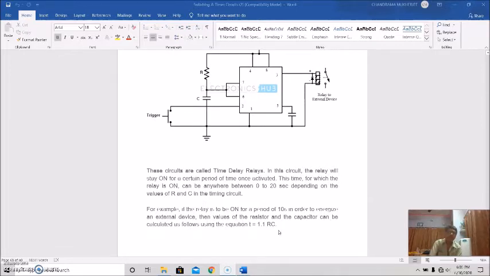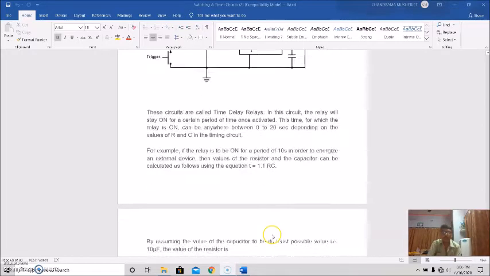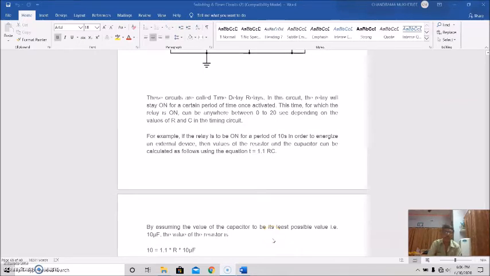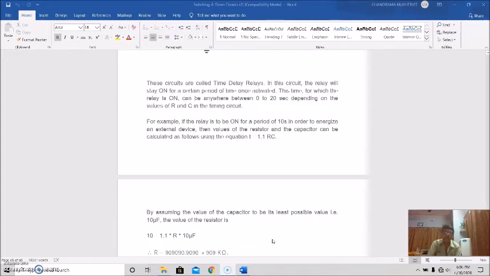Okay, so let us take an example. If the relay is to be on for a period of 10 seconds in order to energize an external device, then the value of the resistor and the capacitor can be calculated by using this. So T equal to, as we have already calculated, approximately 1.1 into R into C. Now let us suppose the value of C is 10 microfarad.